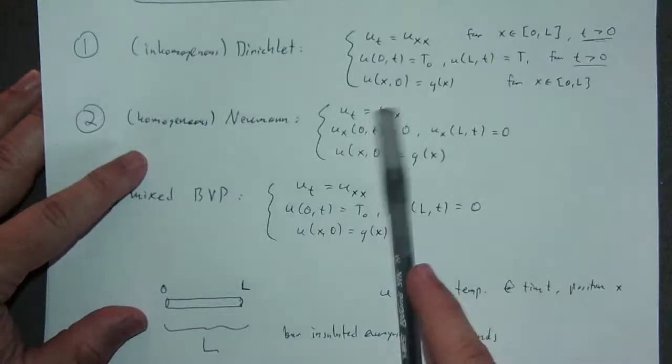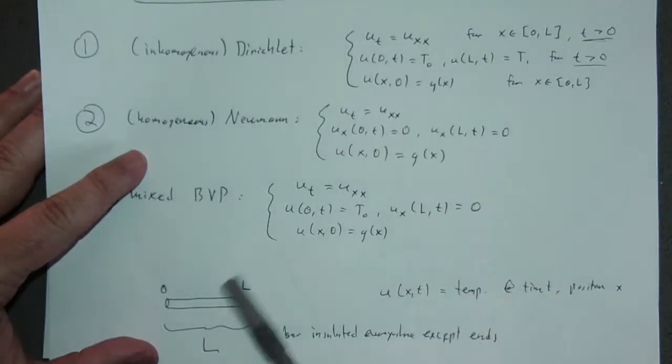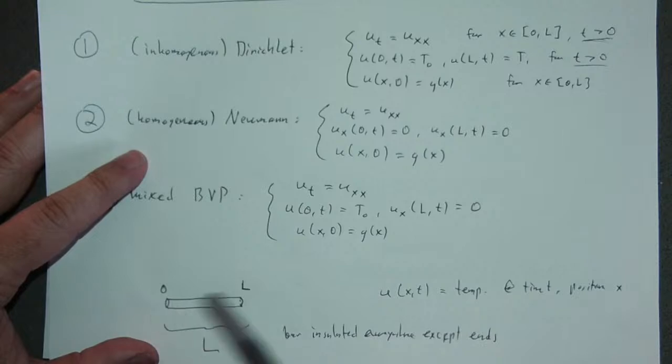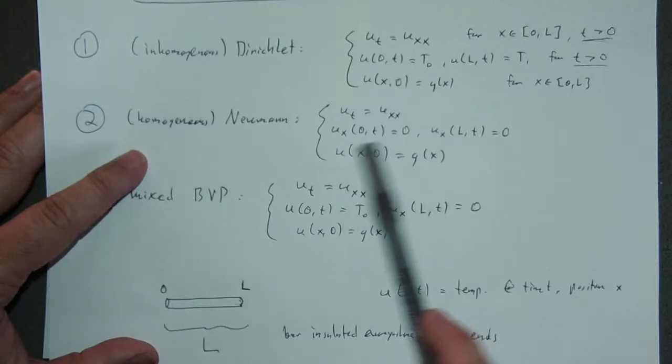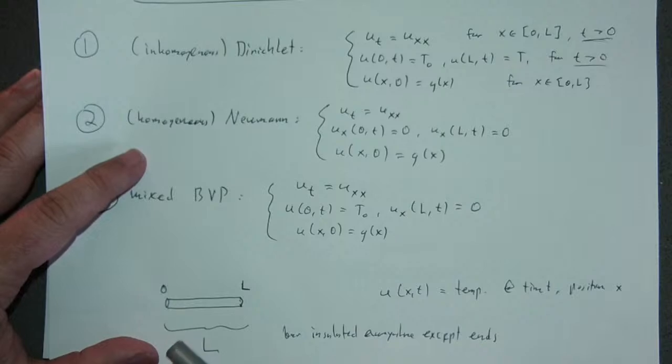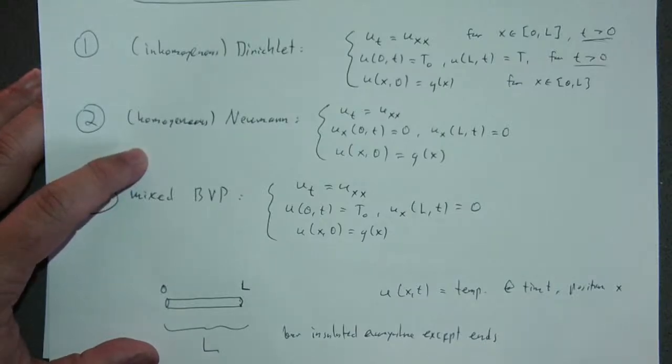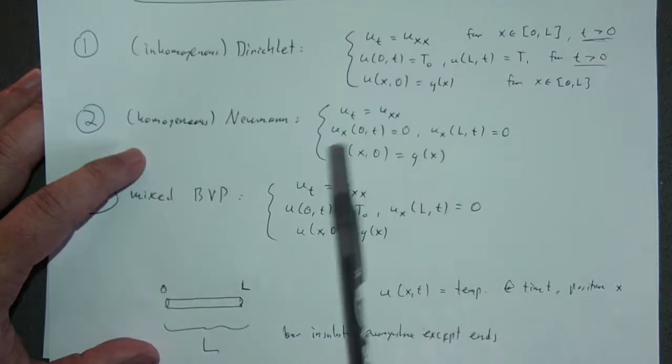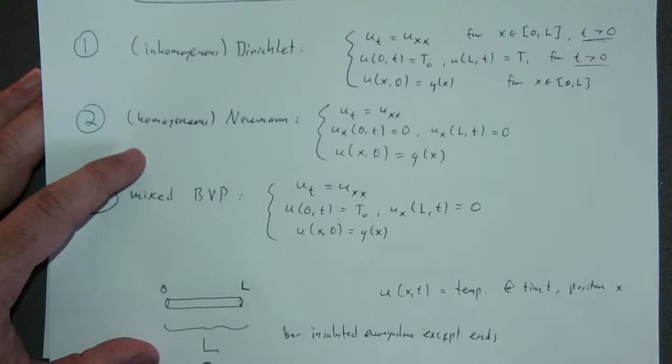I have the heat equation, both ends are insulated in this metal bar, and I have some initial temperature distribution, g of x. So what should happen? We know that these lateral sides are insulated, the ends are insulated, and I have an initial temperature distribution. So on the whole bar, what should happen?